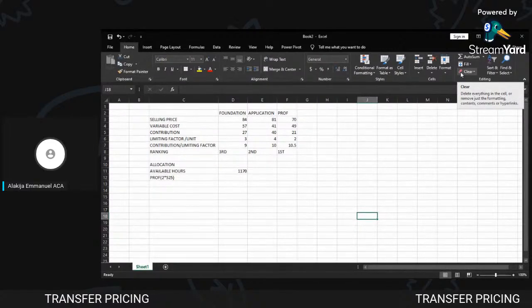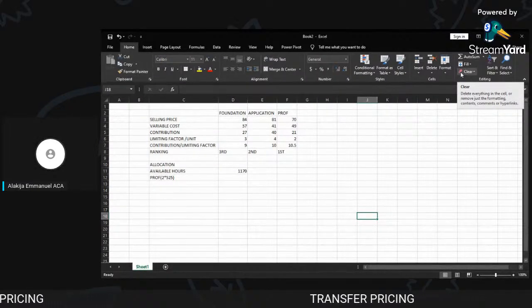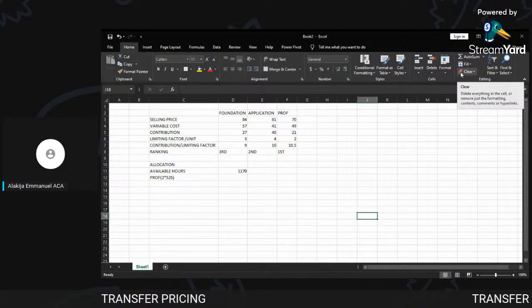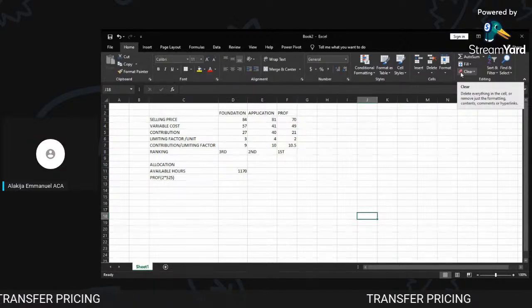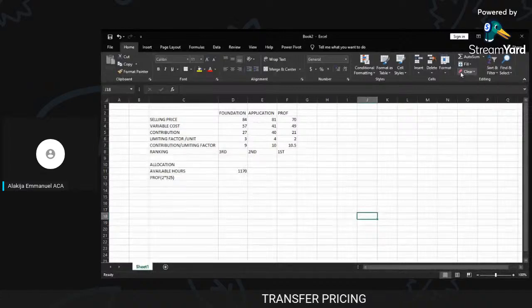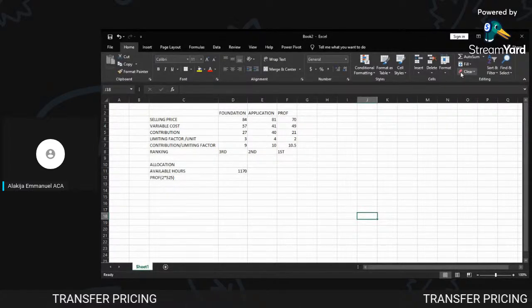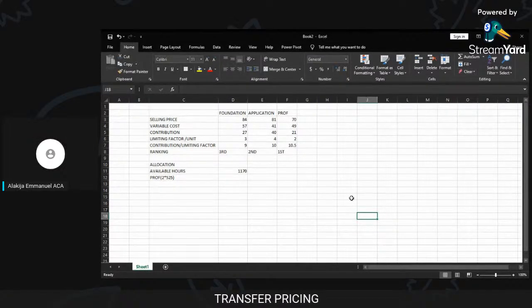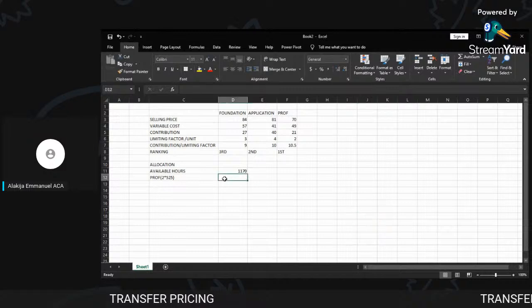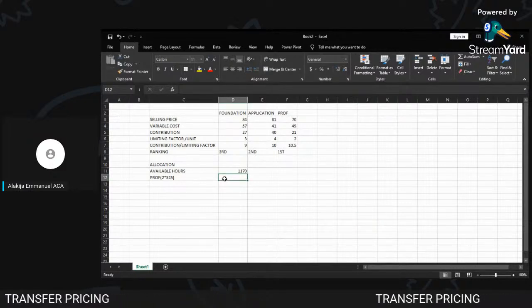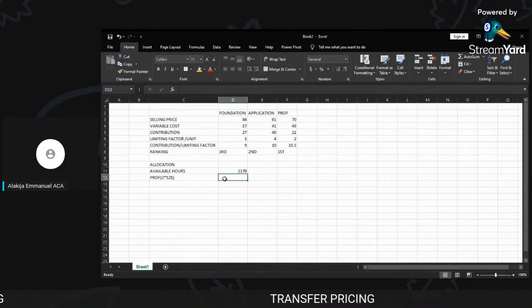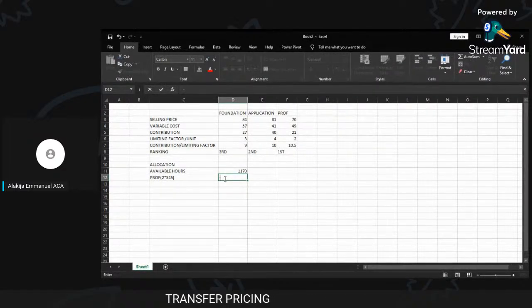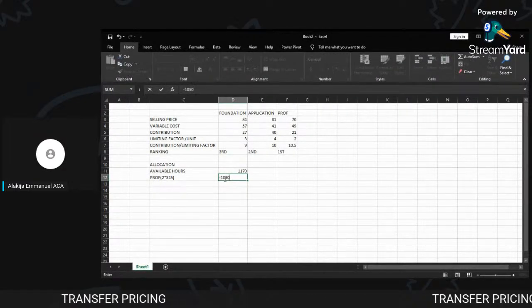The number of hours required by professional is 2 multiplied by 525, and that is 1050.